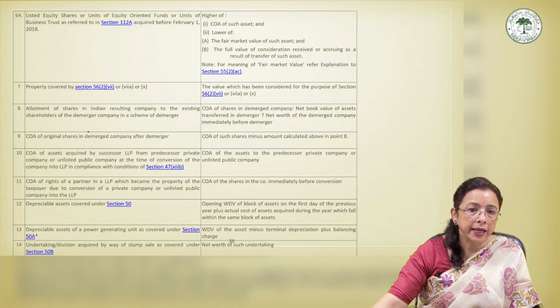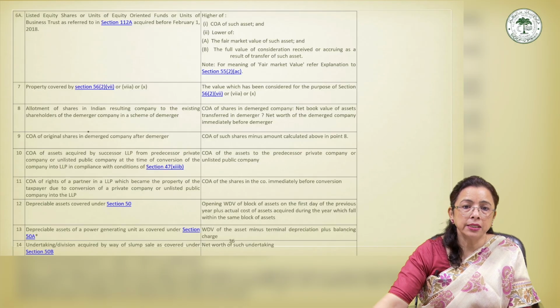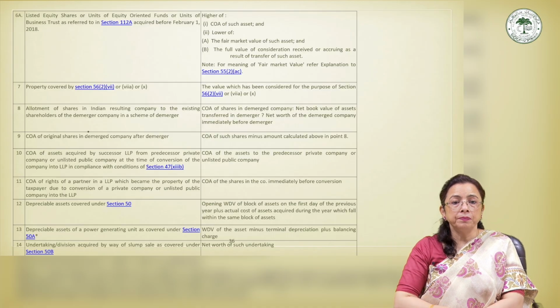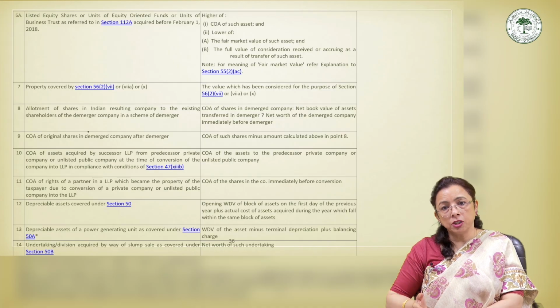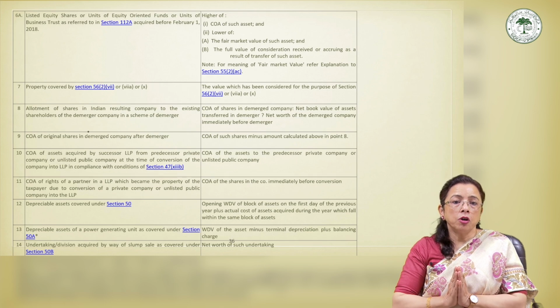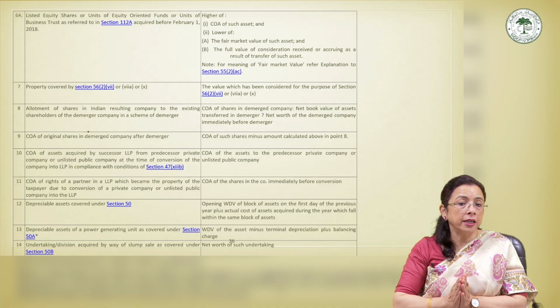Okay. Next point is shares received in demerger. A demerger actually involves the transfer of one undertaking or division of the company to another company. Shareholders of the demerged company receive shares in the resulting company.